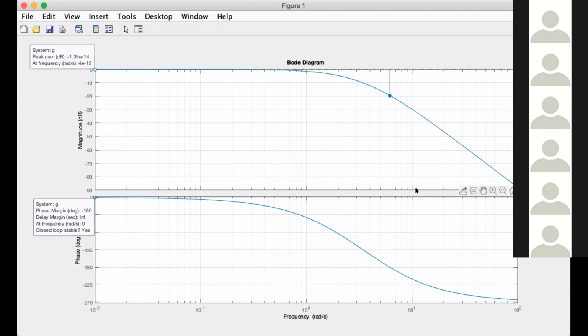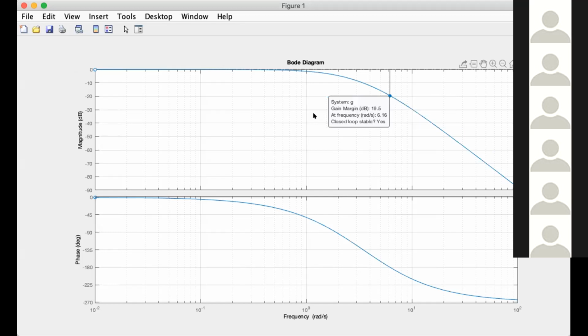Okay. Phase. And then this one is not important. So the important thing is this one. The gain margin. So gain margin is 19.5 decibels, positive. The frequency is 6.16 radian per second, where it occurs here when the phase crosses minus 180.